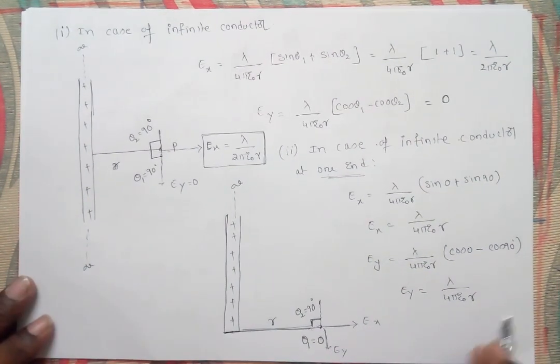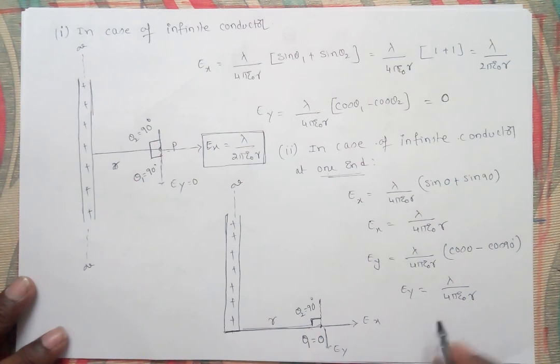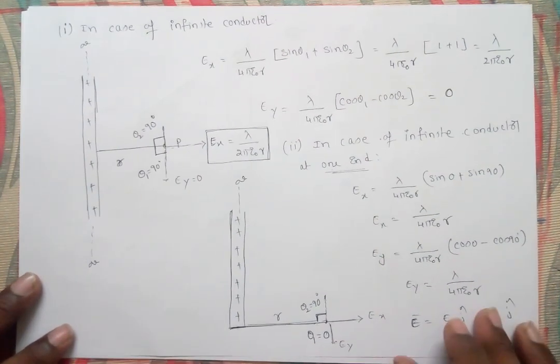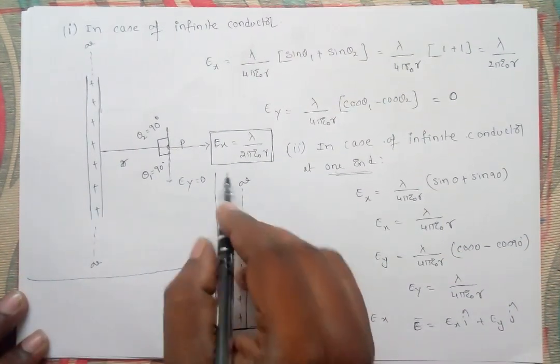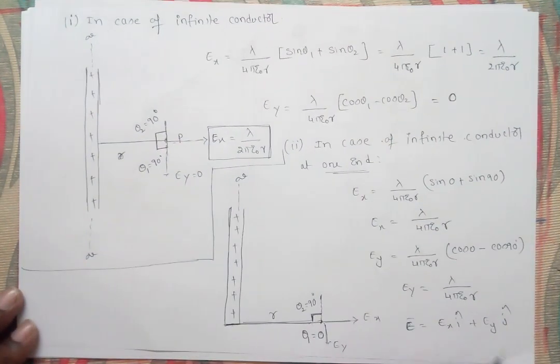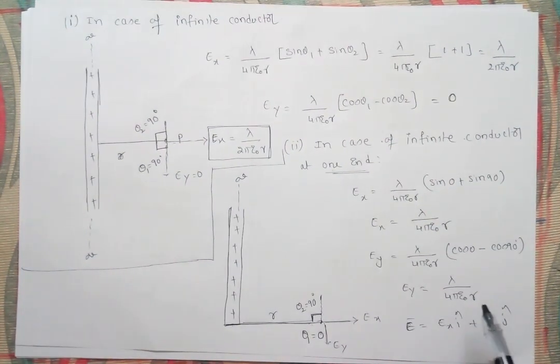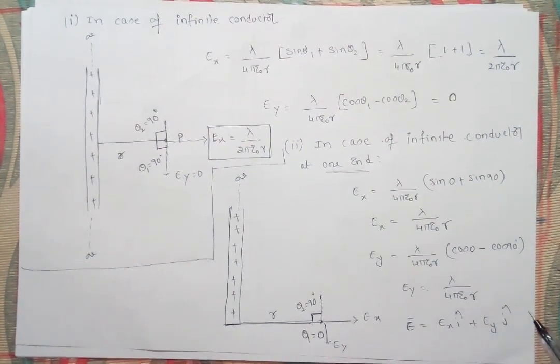Then you can write the resultant electric field intensity E equal to Ex i cap plus Ey j cap, and the magnitude is root over Ex square plus Ey square.